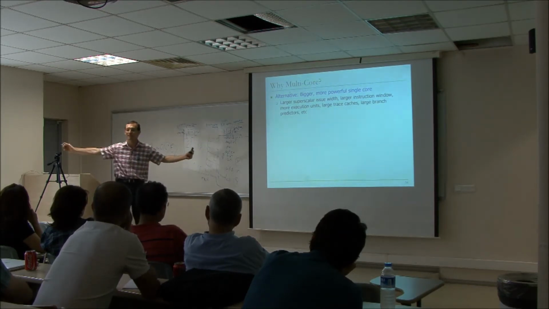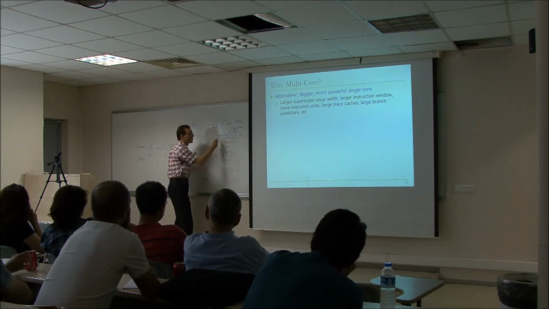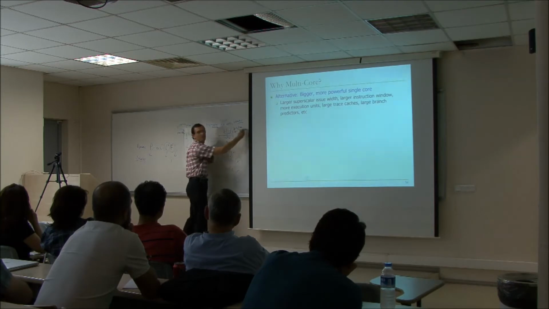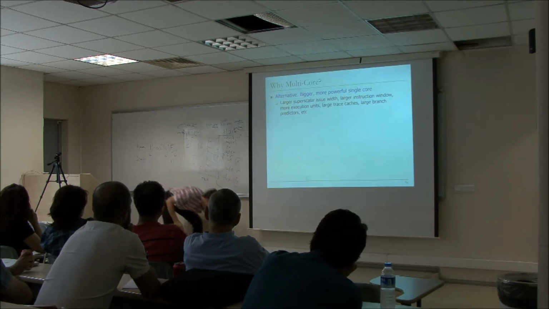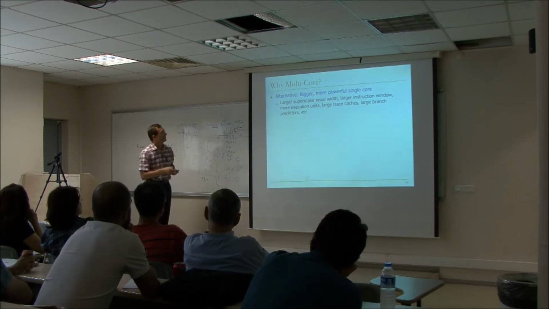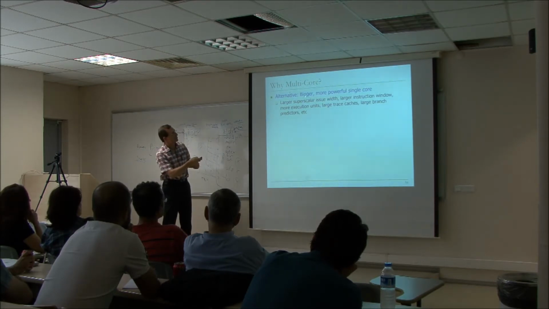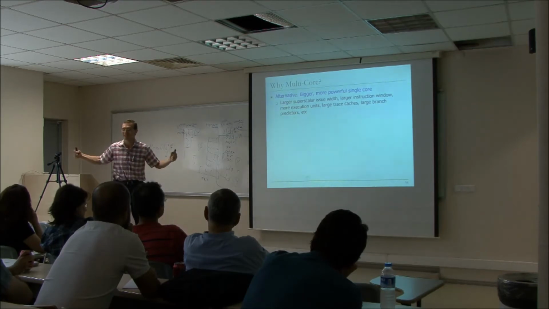And as you increase the size of the instruction window, you're increasing the number of comparisons. You're also increasing the size of the comparators because your tags need to increase. There's so many instructions that can broadcast, right? So the complexity grows quadratically with the number of instructions because of this reason. Now you can imagine that alternative is quickly becoming not a great alternative because it's becoming expensive, right?